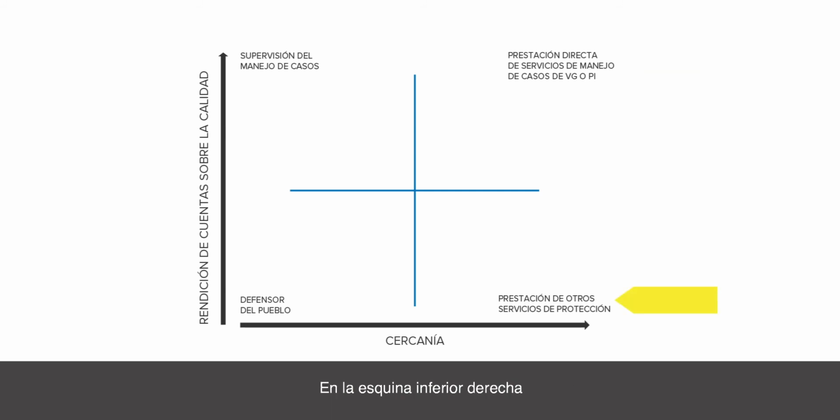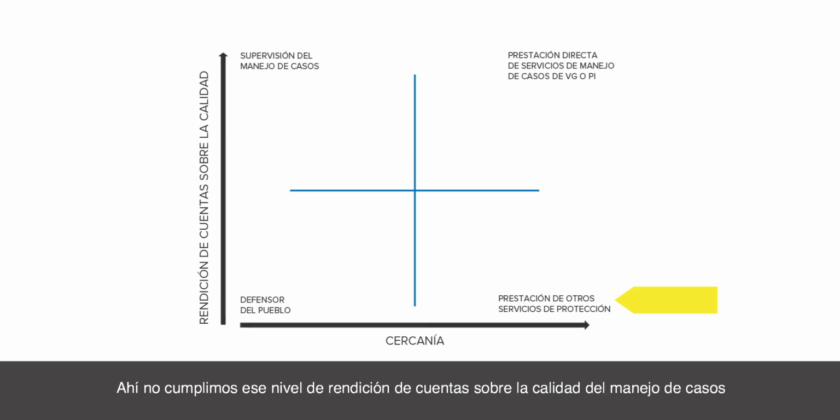And in the bottom right-hand corner, what we have is the inverse of that: case management oversight, which is these other protection services that we provide, where it's not necessary that you have all of the information about all of the cases across the board, because you don't necessarily have the accountability of the quality of the case management, because we're talking about other protection services.